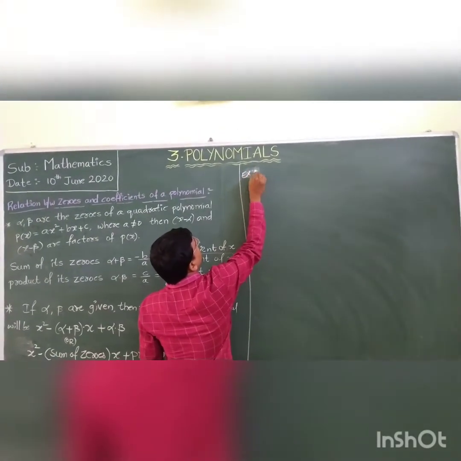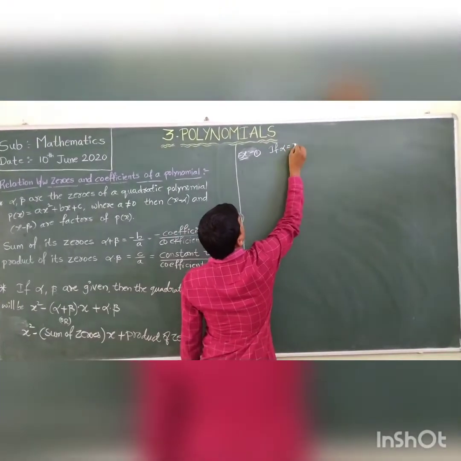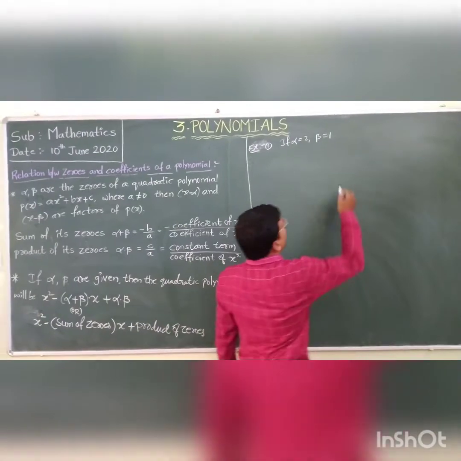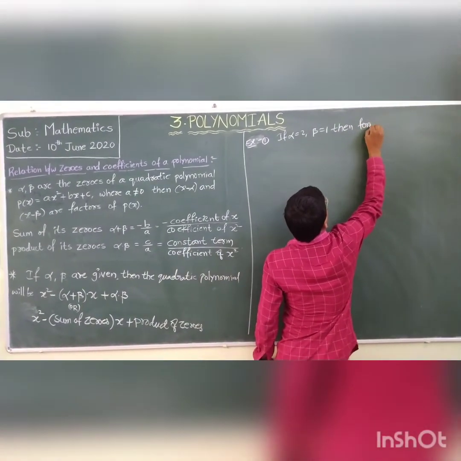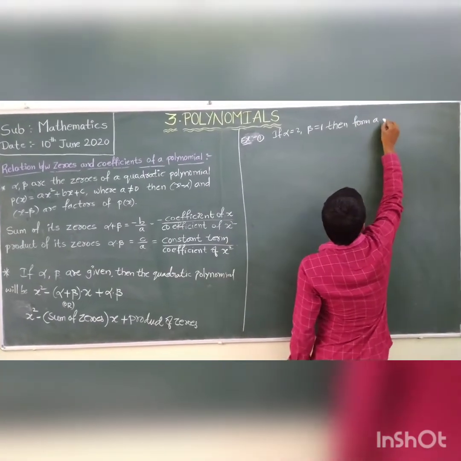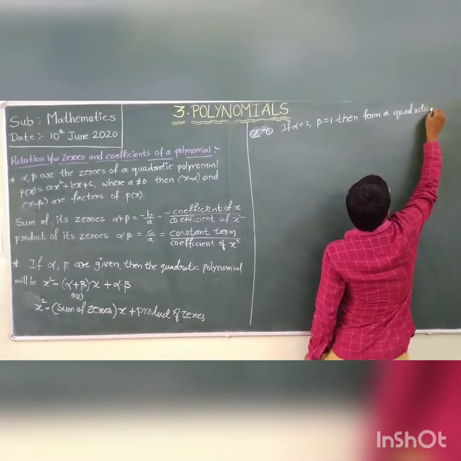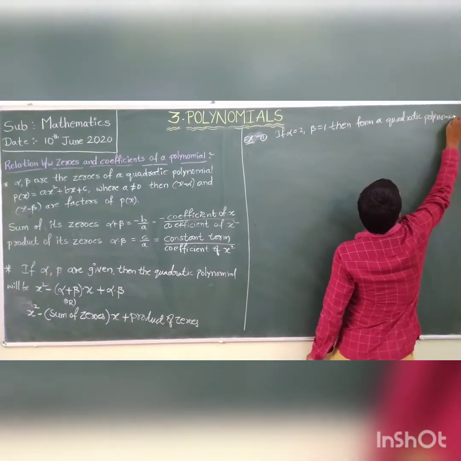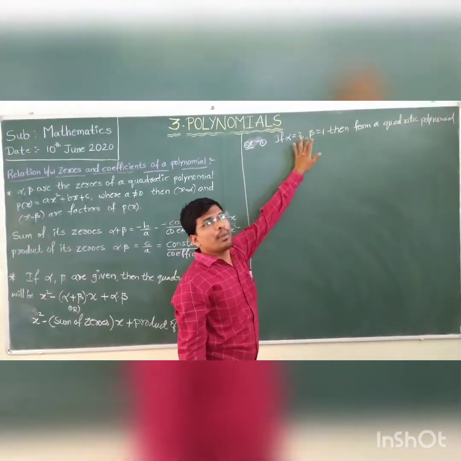Example problem, first one: if alpha is equal to 2, beta is equal to 1, then form a quadratic polynomial. Alpha is given, beta is given.